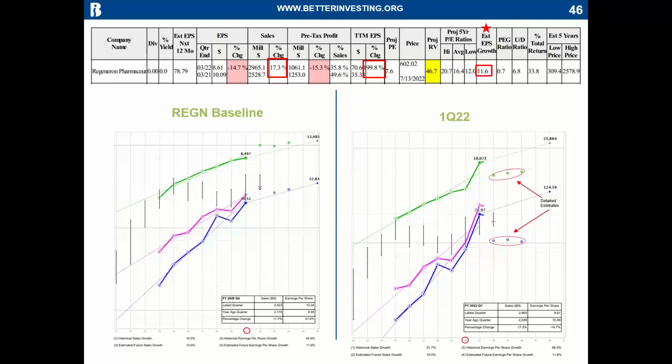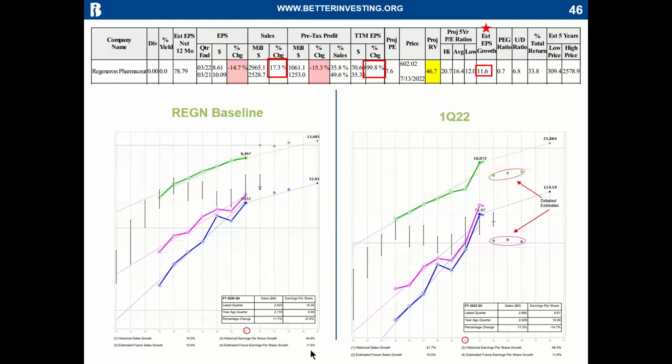So the top spreadsheet is actually from the Portfolio Evaluation Review Technique, PERT, and this is part of the SSG software package. I highlighted and put a red star adjacent to the estimated earnings growth rate. That is the growth rate I have selected and forecasted that Regeneron should achieve going forward, at 11.6%.